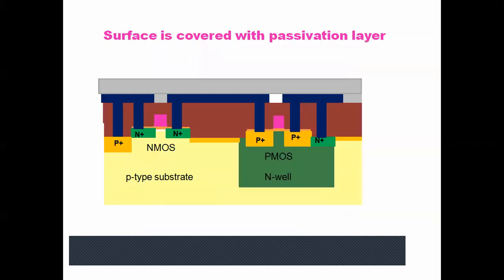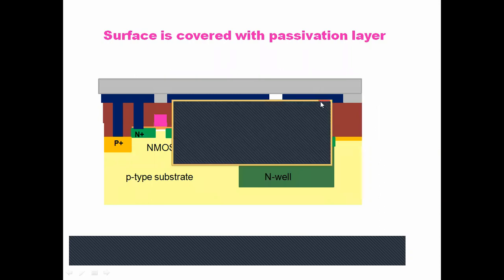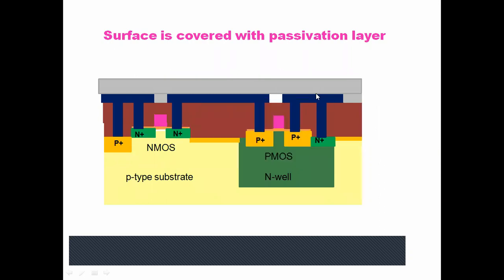But now there is one more step. All the surface is coated with a passivation layer, because there should not be any kind of corrosion. To avoid that, a passivation layer is created, and bonding wires are taken from each contact. So here we take a bonding wire.